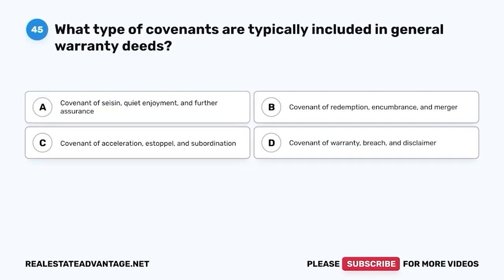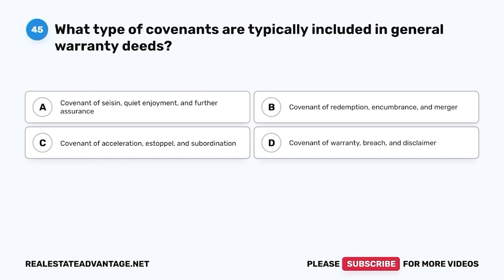Question 45. What type of covenants are typically included in general warranty deeds? A, covenant of seisin, quiet enjoyment, and further assurance. B, covenant of redemption, encumbrance, and merger. C, covenant of acceleration, estoppel, and subordination.